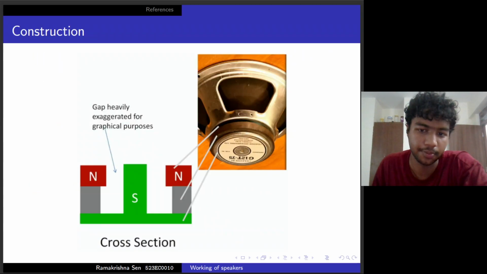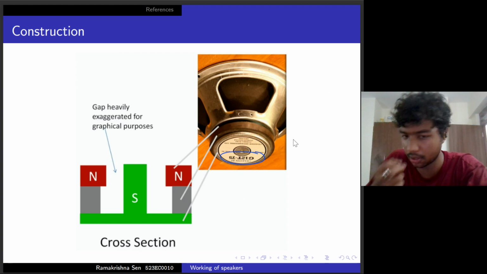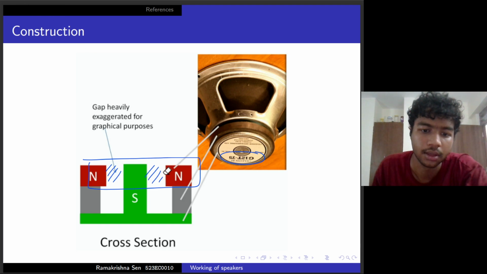As mentioned before, this is a general purpose G12T audio speaker, which is very commonly used in guitars. Not anymore, but it was at some point of time. The gaps are exaggerated here just to show the difference between them, but this is not as far away as you think. The gaps are so tiny that you can fill them and they'll become one magnet as a whole.